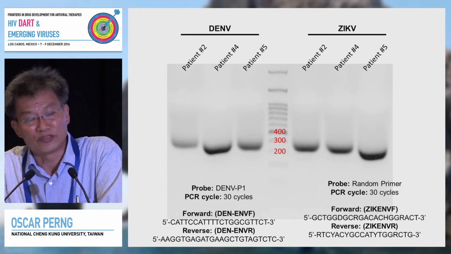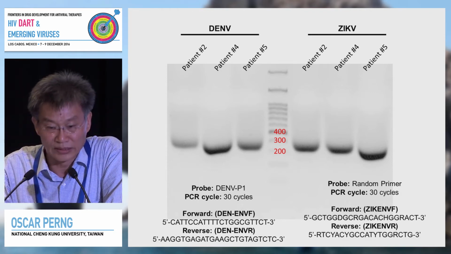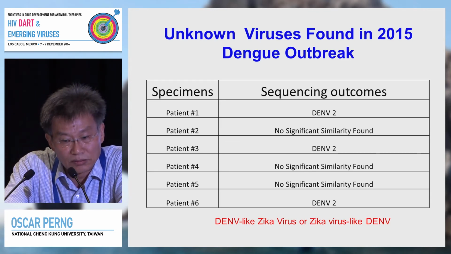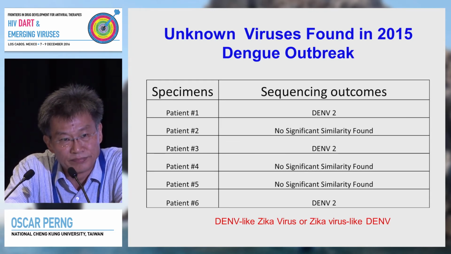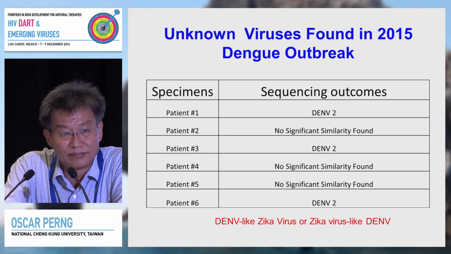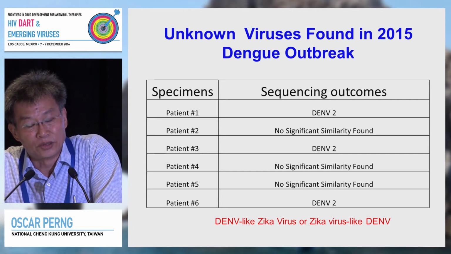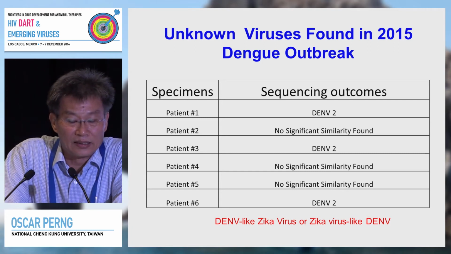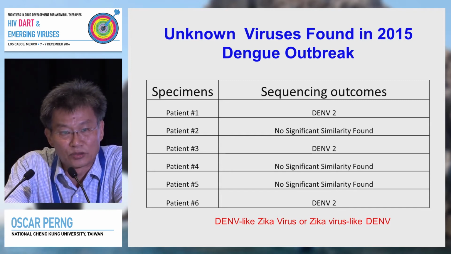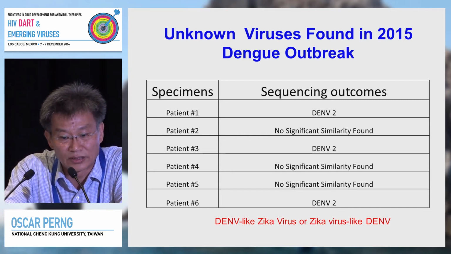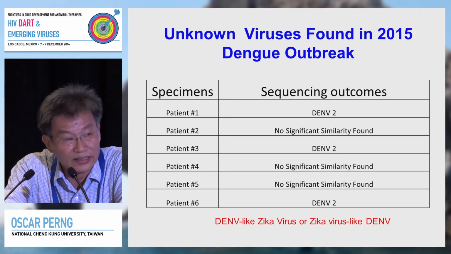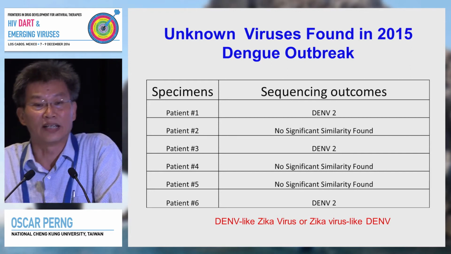Then we did the amplicon sequencing, and it is very intriguing in that they show no homology to anything, but they are viruses. They can form plaques. So we don't know what they are, and I welcome distributing these 3 viruses to the audience if they are interested in taking a look at whether they are Dengue-like Zika virus or Zika virus-like Dengue virus.